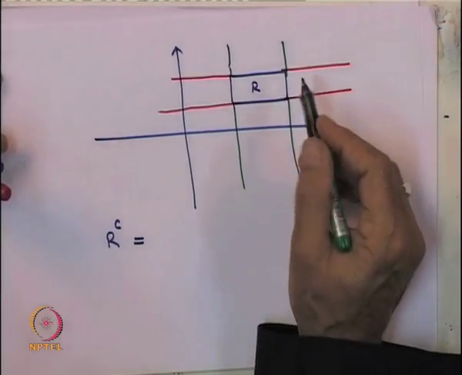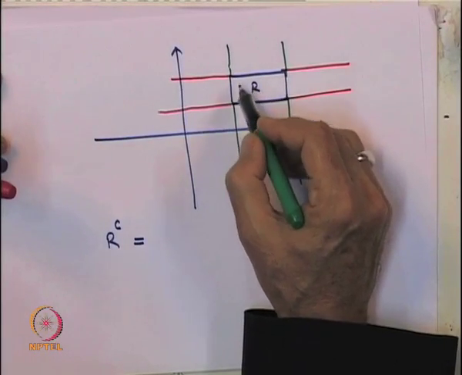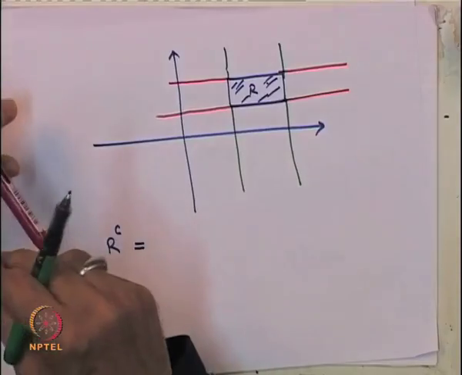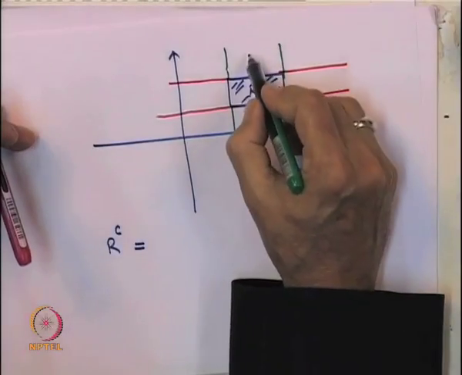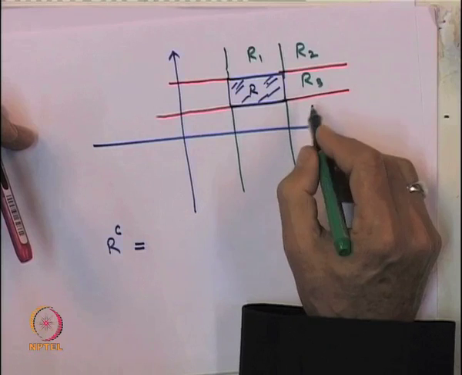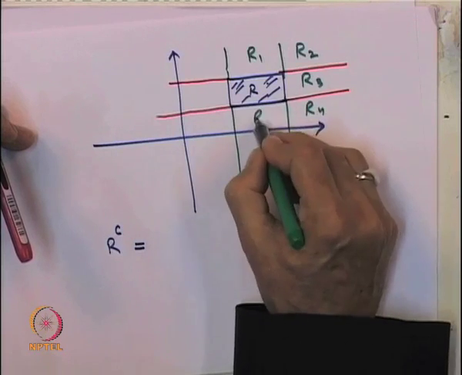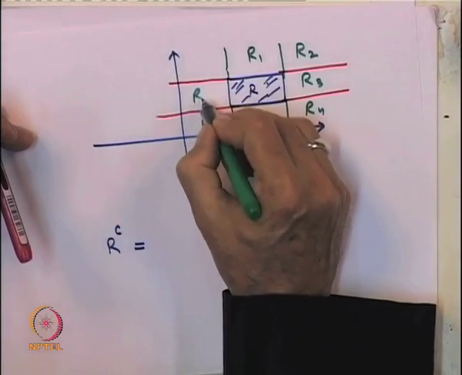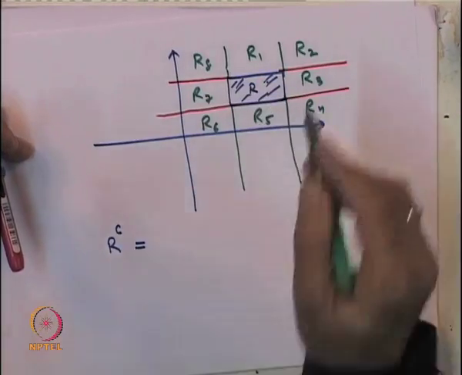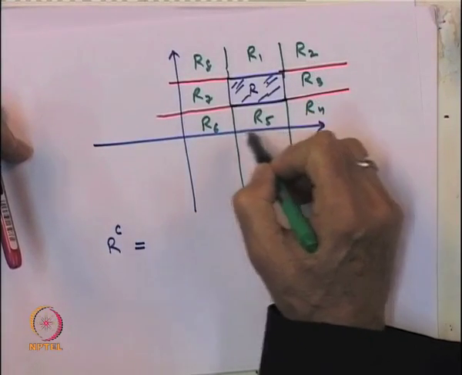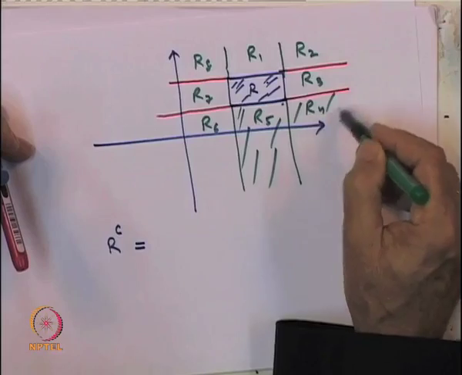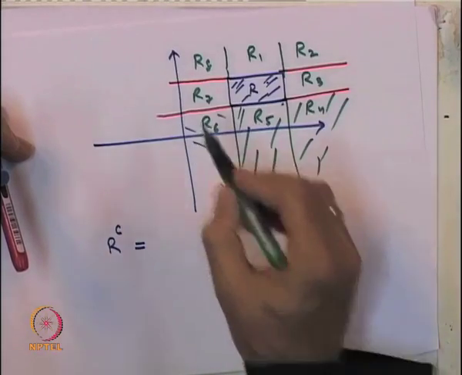Then it is quite clear that the complement of R, where this was the rectangle R, is nothing but a rectangle R 1, a rectangle R 2, a rectangle R 3, a rectangle R 4, rectangle R 5, R 6, R 7 and R 8.